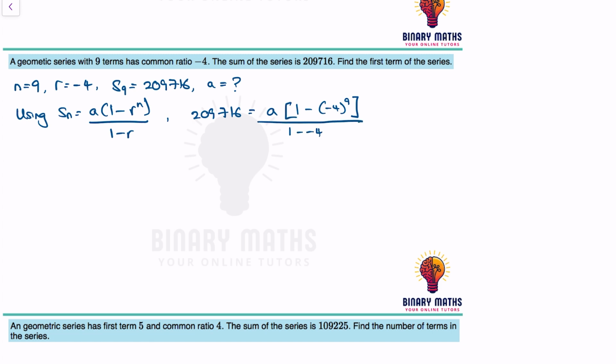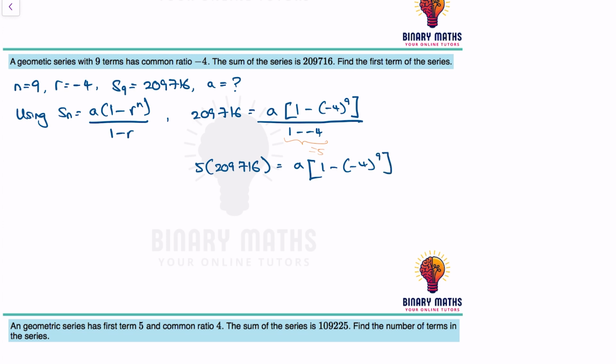So what you end up getting in the denominator is 5. Because it's dividing by 5, if you take it to the other side, you get 5 times 209,716 will be equal to a times 1 minus -4 to the power of 9.